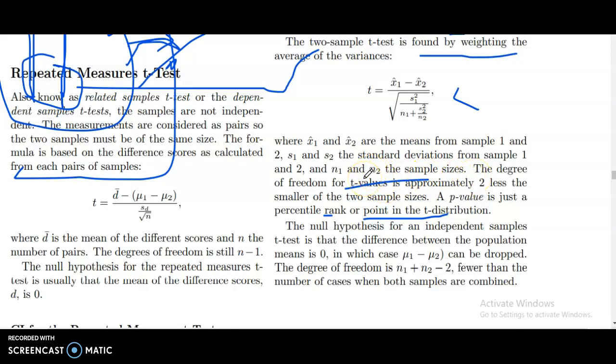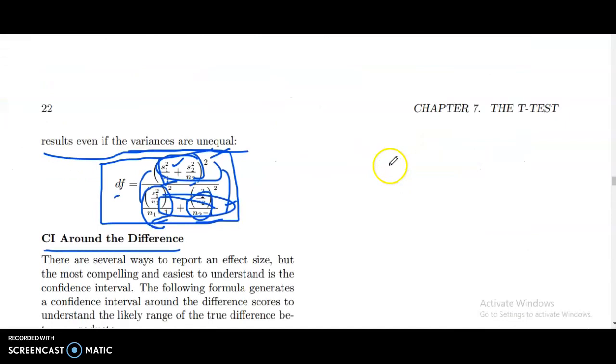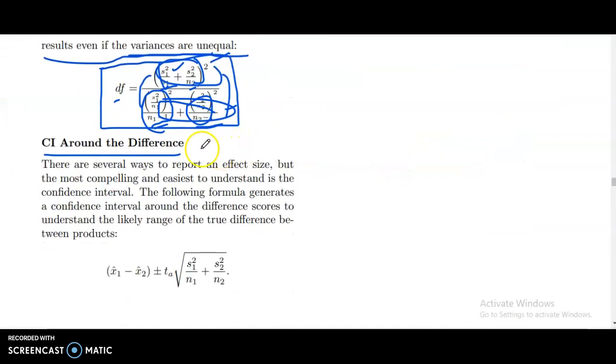How will we keep it in mind? Cap is for means, s is for standard deviation, and n is always for sample size. So always remember that.